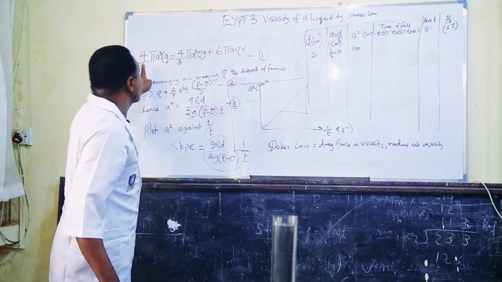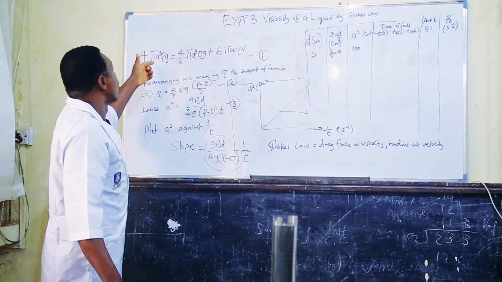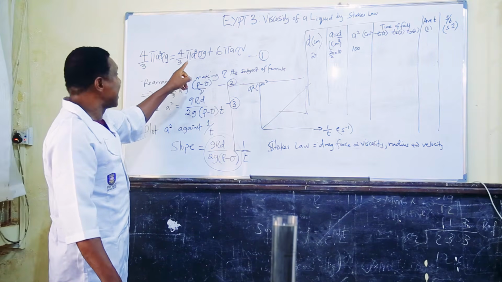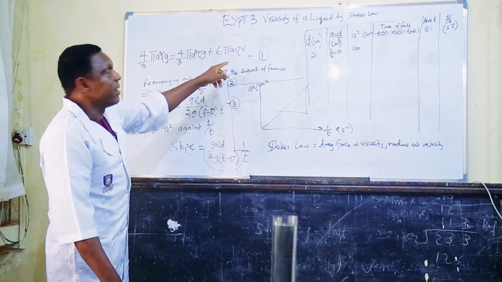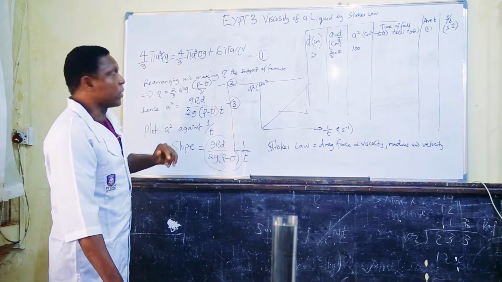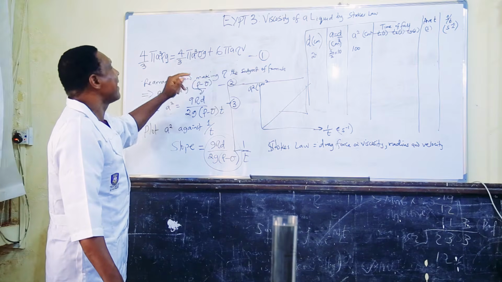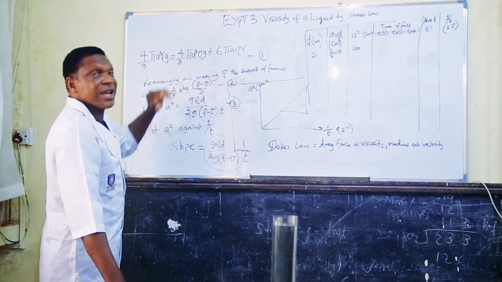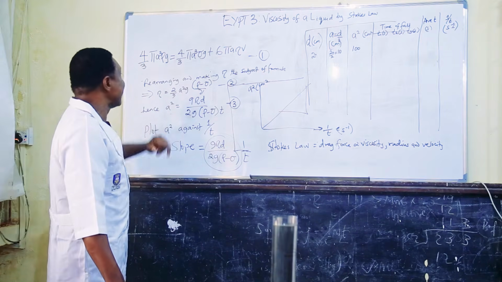So you now have Stoke's law given as 4 over 3 pi a cube rho g is equal to 4 over 3 pi a cube sigma g plus 6 pi a eta v. Your v is the terminal velocity, eta is the viscosity of the fluid, your sigma is the density of the fluid, your g, as we know, is the acceleration due to gravity, your a is the radius, pi is constant.